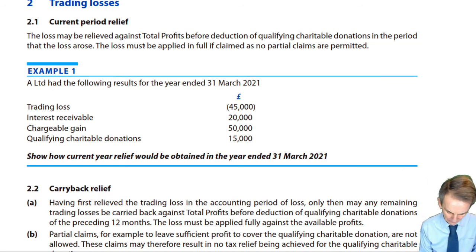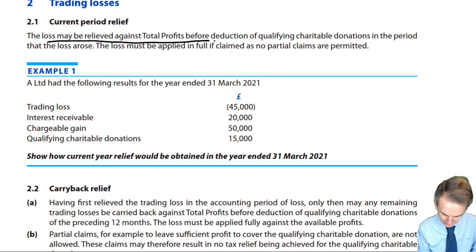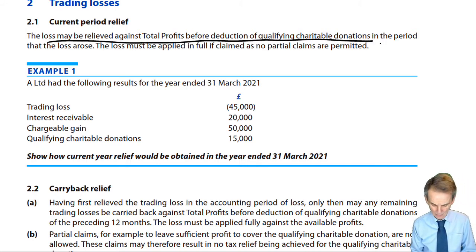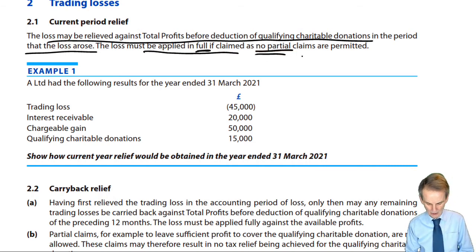Current period relief. The loss may be relieved against the total profits, again before deduction of the qualifying charitable donations, in the period that the loss arose, the current period. The loss must be applied in full if claimed. No partial claims are permitted.